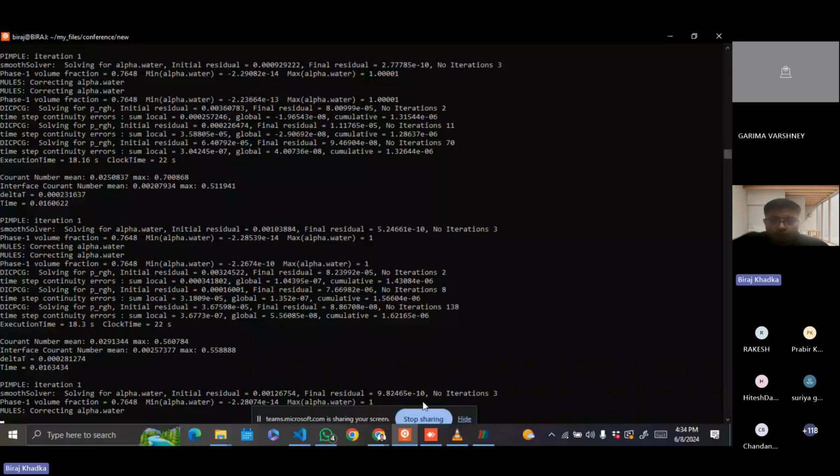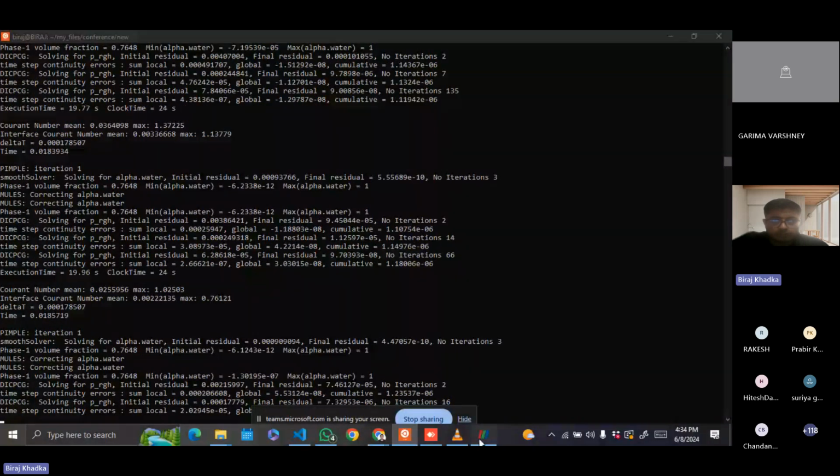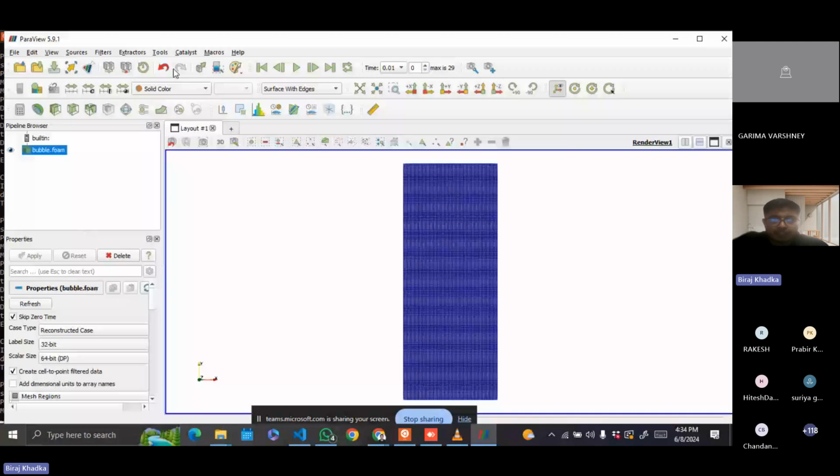I have also the same files. In the case of static mesh, the mesh doesn't get changed, so you can see there is no change in the number of cells. But in the case of dynamic mesh, like AMR, the mesh will get changed at the interface location.